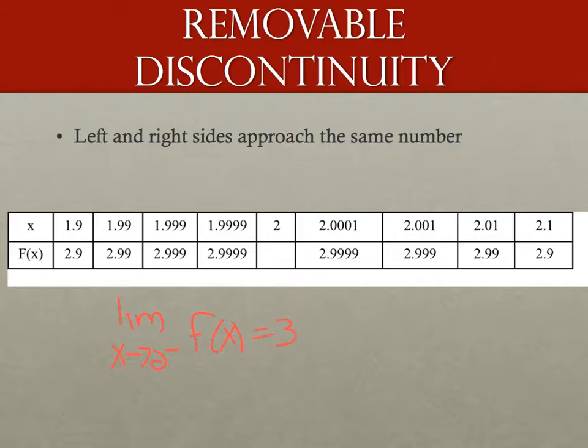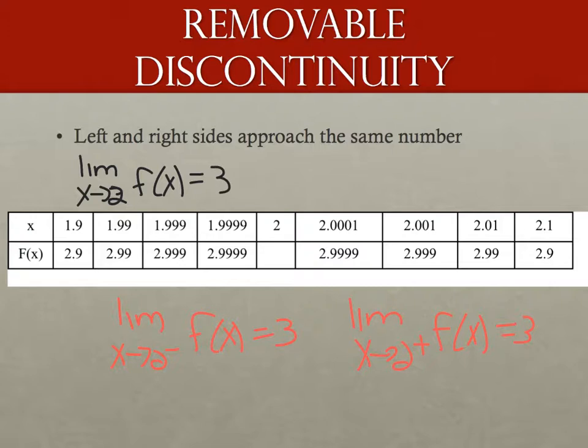Now, looking at the right side of 2, as we come in from the right side, it also appears that our y values are getting closer and closer to 3. So we have the limit as x approaches 2 from the right of this function is 3. So we notice in this case that our left limit and our right limit are approaching the same thing. So we can say that the limit as x approaches 2 of our function is 3.